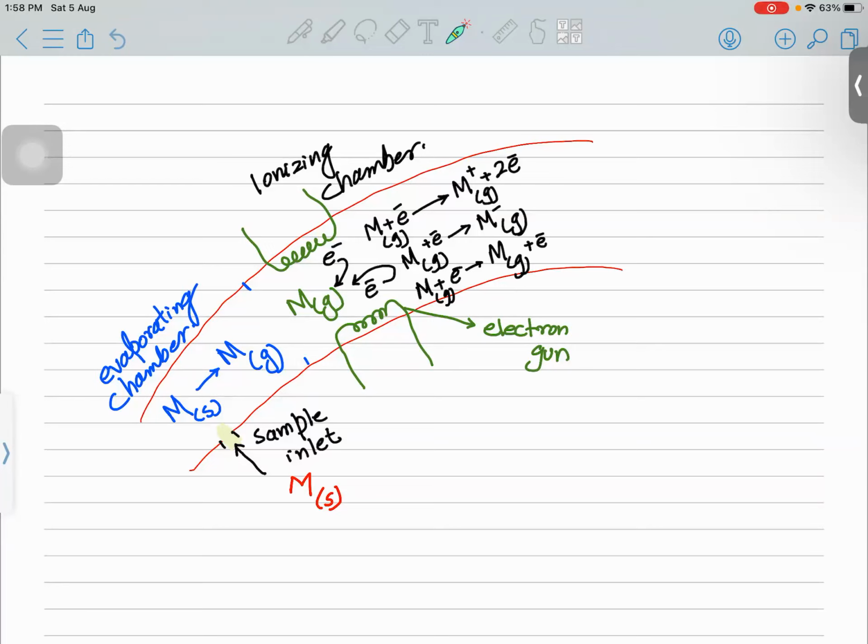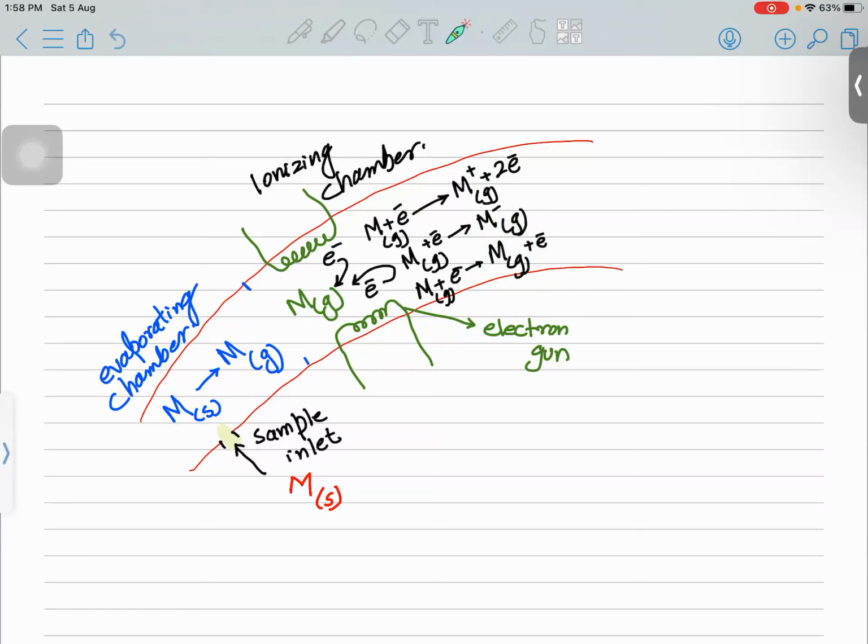You have three possibilities. Either an electron is removed and M positive is formed, or electrons are gained by M and M negative is formed, or there is no effect, so M remains M. Are you getting my point?